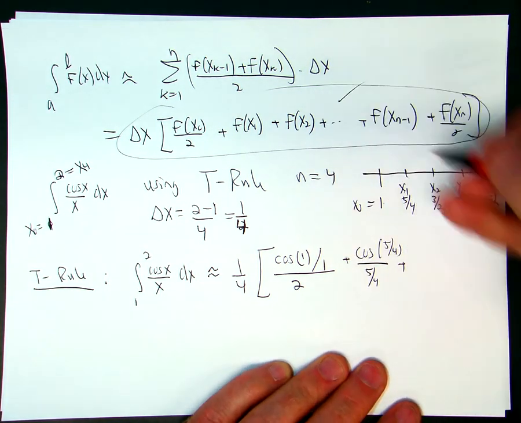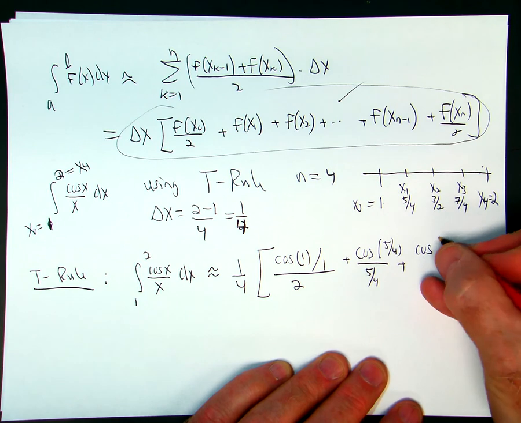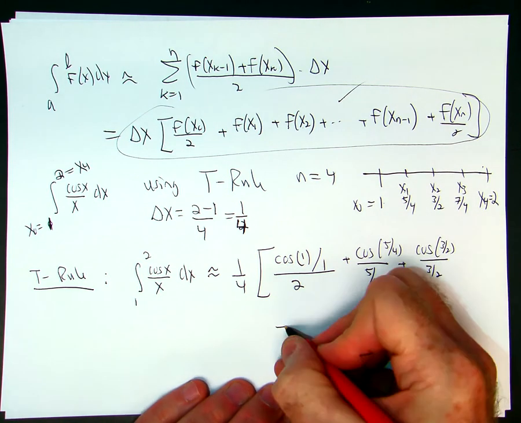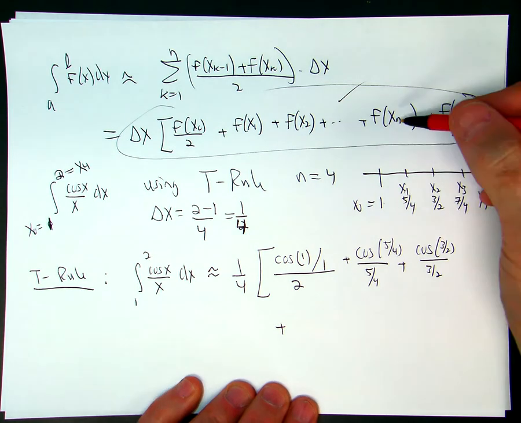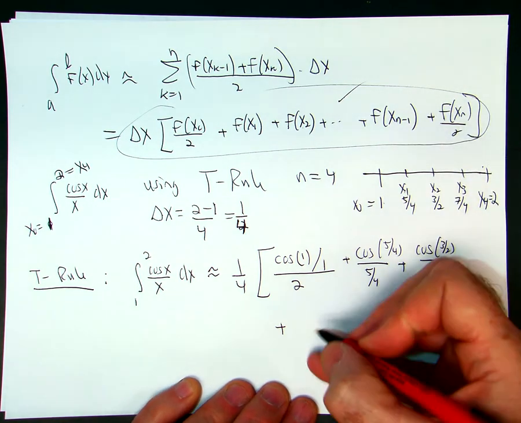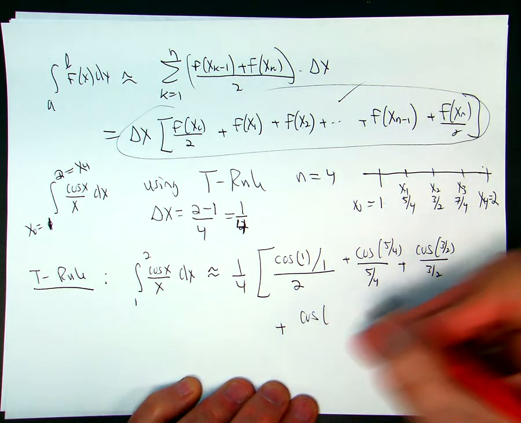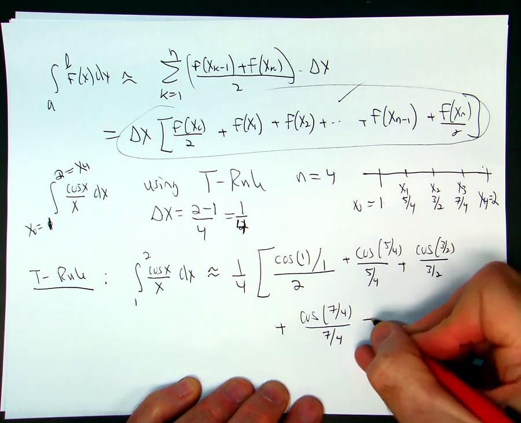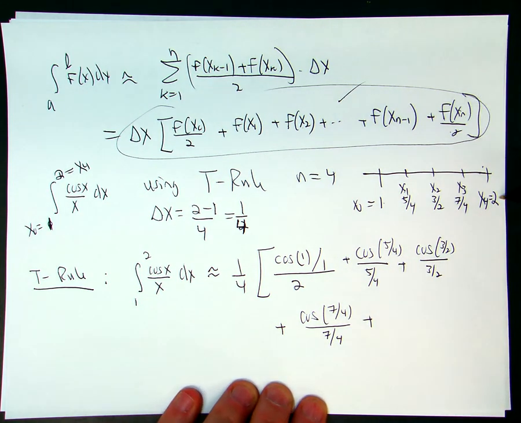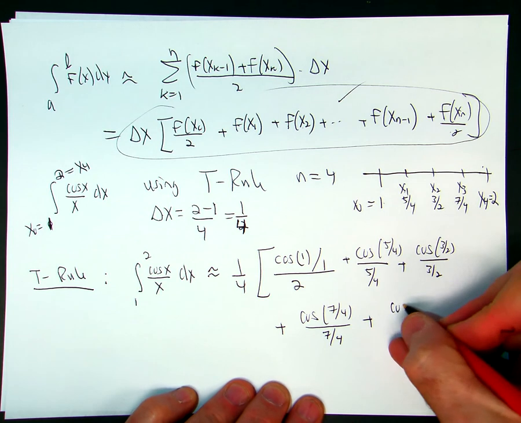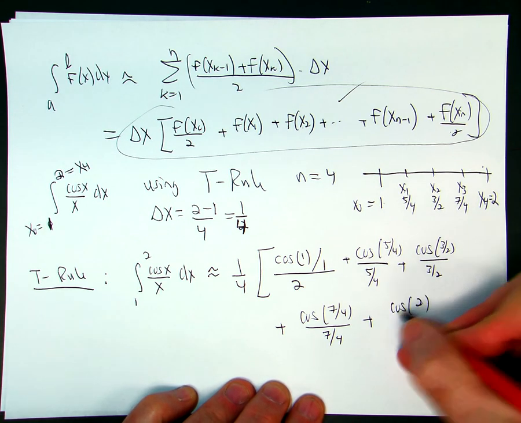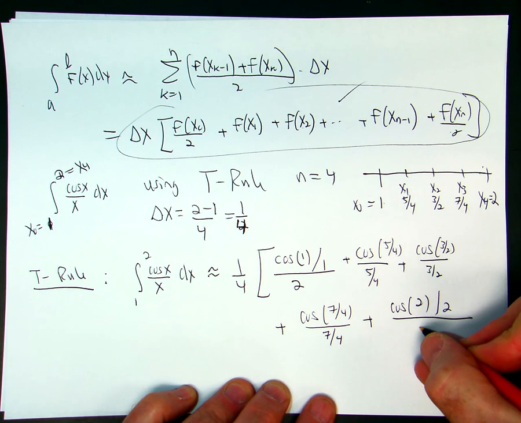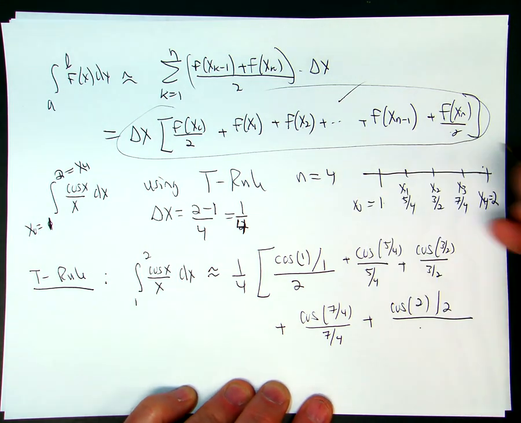Cosine x2, cosine x3, x3 is 7/4, plus half of x4, cosine 2 over 2, all over this 1/2 right here.